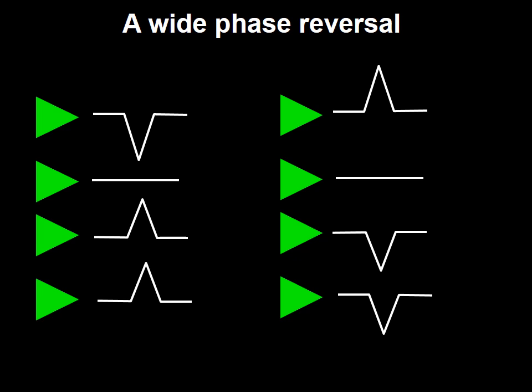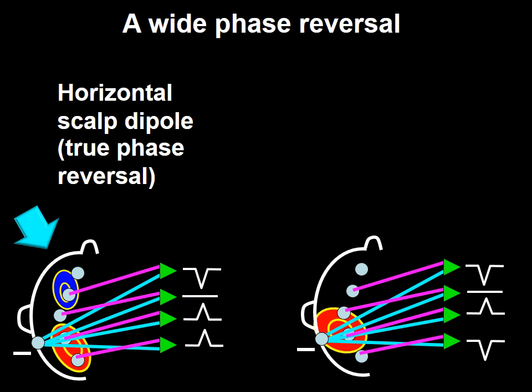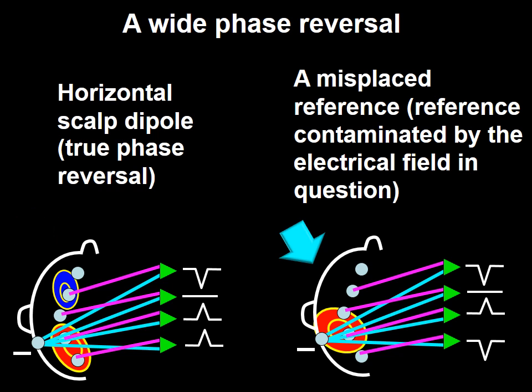The equipotential recording is created by the common electrode reference and one non-referential scalp electrode sharing the same voltage level. A wide phase reversal may occur in the presence of a horizontal scalp dipole, but more often they occur as an expression of a common reference electrode sharing the same potential level with a non-referential scalp electrode.